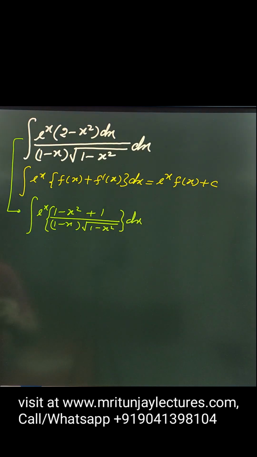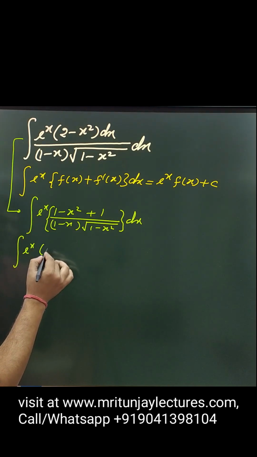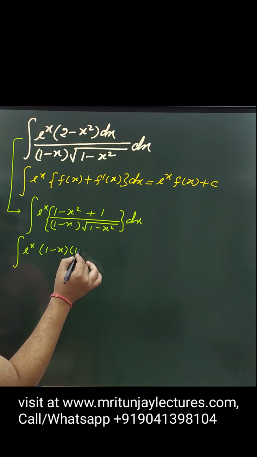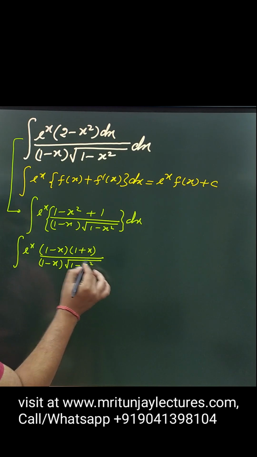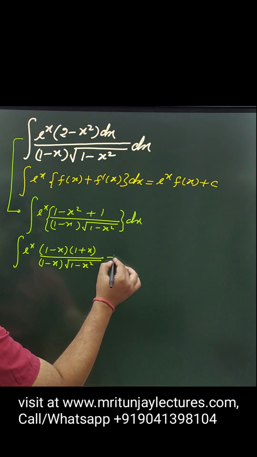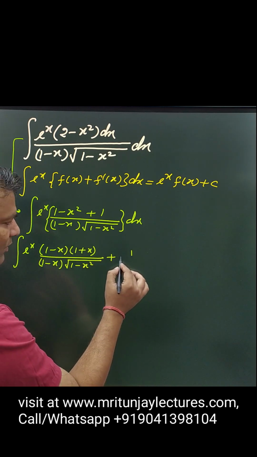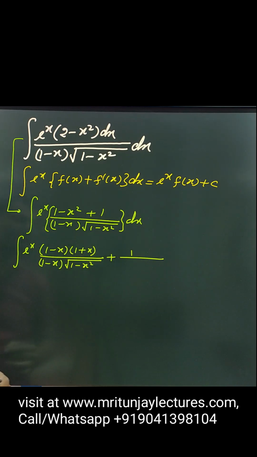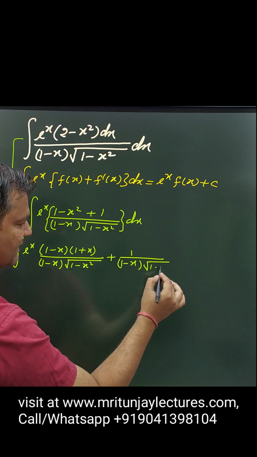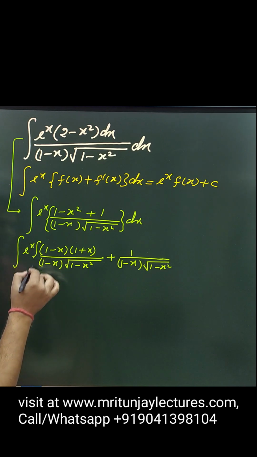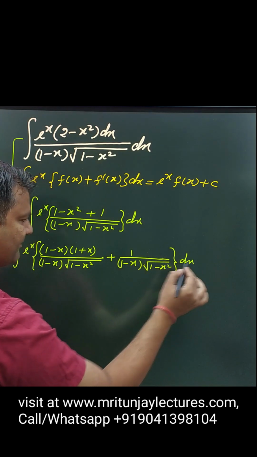Okay, so simply here e to the power x, and write 1 minus x into (1 plus x) divided by (1 minus x) into under root (1 minus x square), plus 1 upon (1 minus x) into under root (1 minus x square) dx.